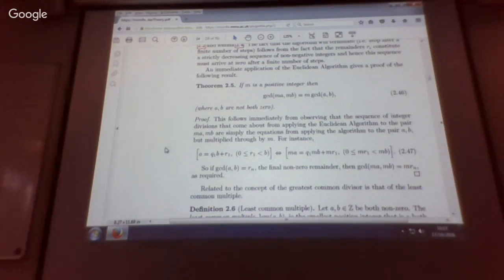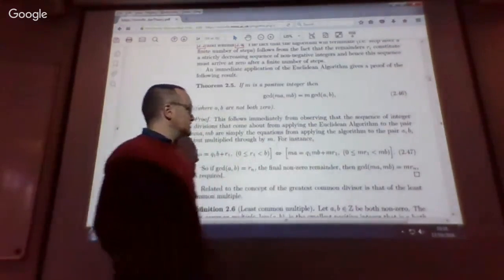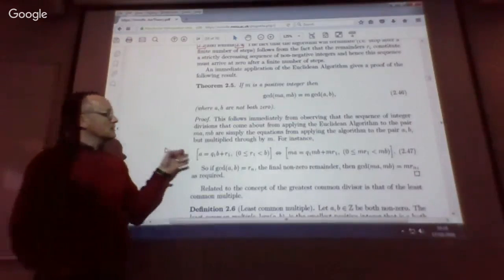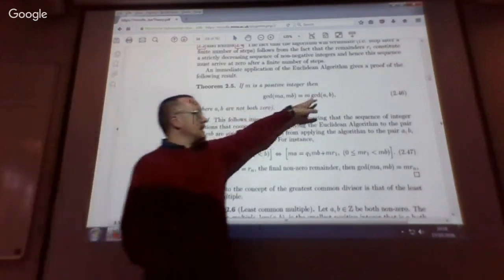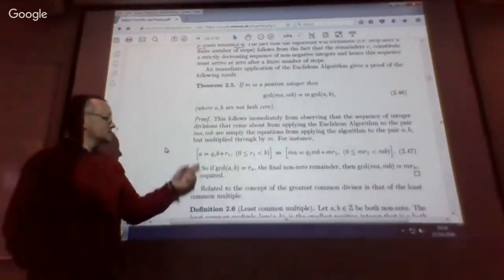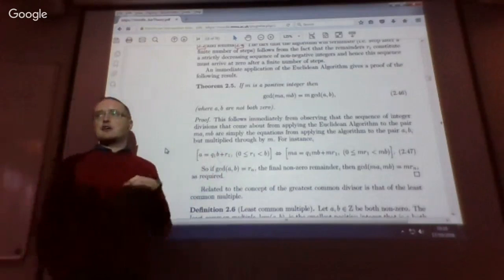Now the proof of that, well, you might prove that a number of different ways, but one way of proving it is we can just look at how the Euclidean algorithm is operating. We say this follows immediately from observing the sequence of integer divisions in the algorithm, and just noticing this equivalence here, that at every stage, whatever integer division you're doing on the right-hand side to carry out the GCD, so for instance, you'll be dividing A by B, you'll get a quotient Q1 and a remainder R1.